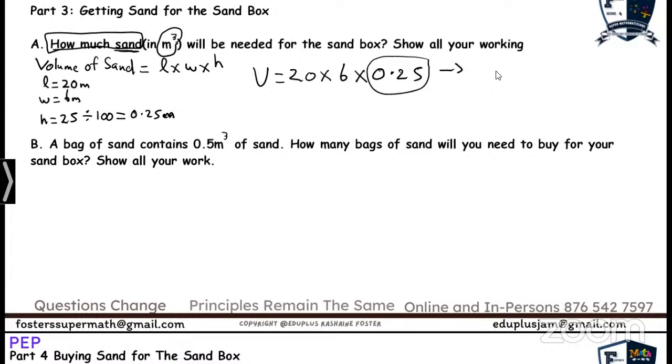So what it basically means is that you're going to multiply 20 times 6 times 25. Then when you're done, put back the point and make sure there are two numbers behind the point when you're done. All right, so send your answer in the chat as soon as you get that. I'm giving you a minute.